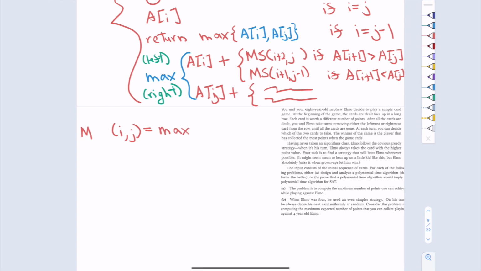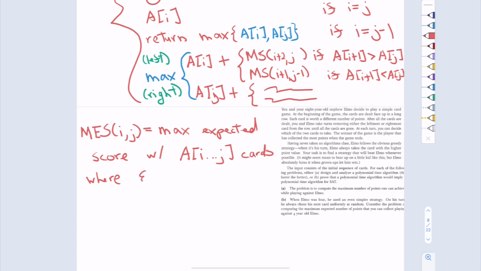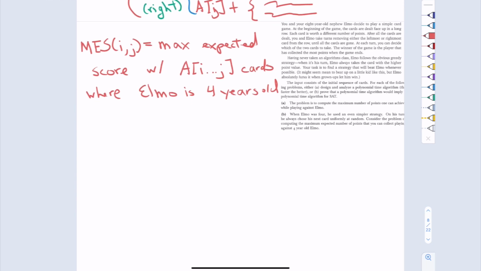Let's do the MES, the maximum expected score, with cards A i through j remaining, where Elmo is picking at random, so Elmo is 4 years old, I guess. And Elmo goes first in this version.